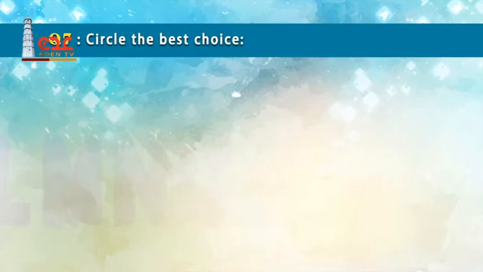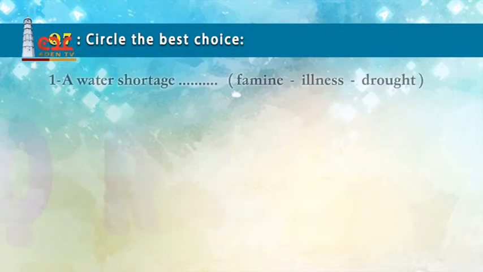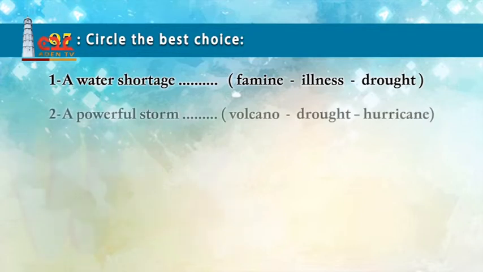Now look at the question. Circle the best choice. Choose the best answer or the best words from the brackets. Number 1, a water shortage: famine, illness, drought. Number 2, a powerful storm: volcano, drought, hurricane.